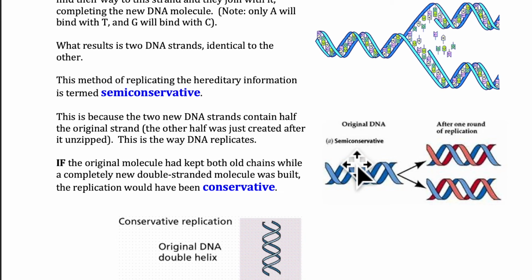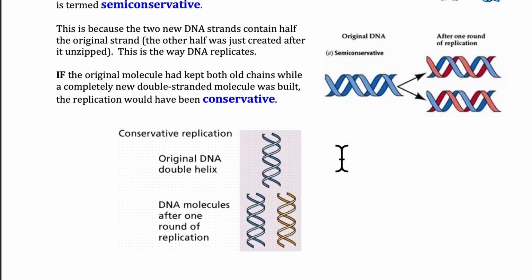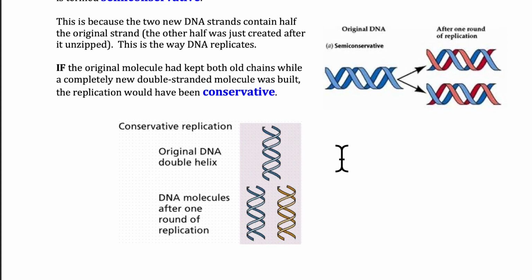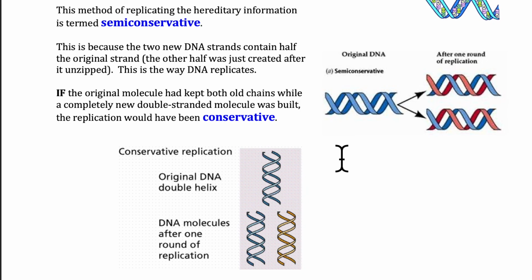So then you have one original and one new DNA, and conservative is different, where it creates brand new bases on its own. So, semi-conservative. This is because the two new DNA strands contain half the original strand. The other half was just created after it was unzipped. That's the way DNA replicates. It's just how it's done.